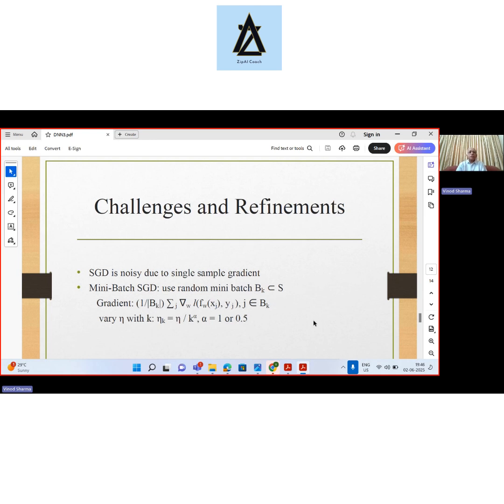This works much better than stochastic gradient descent. But since B_k is a small number of samples from S, the computational cost is still much less than gradient descent, and it's not as noisy as stochastic gradient descent. So this is certainly an improvement, but over time, people have discovered further improvements. And because this is the algorithm people are using for training neural networks, it's very, very important that we come up with improvements on this basic idea.